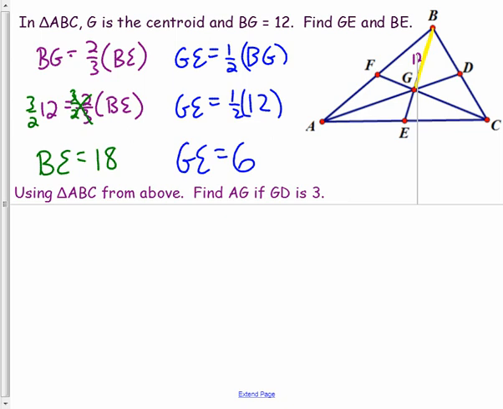Another example says using triangle ABC from above, so using this same diagram, find AG if GD is 3. So we're given that that piece is 3. What is the relationship between AG and GD?